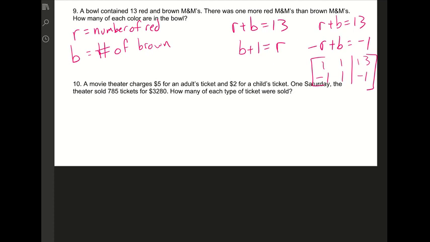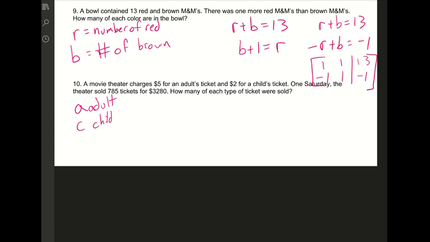Now, some of these other ones, if we're dealing with ticket prices, for example, we could do A for adult, and then C for child, so the number of children's tickets and the number of adult tickets. And we want to set up one equation for the number of tickets and one equation for cost.